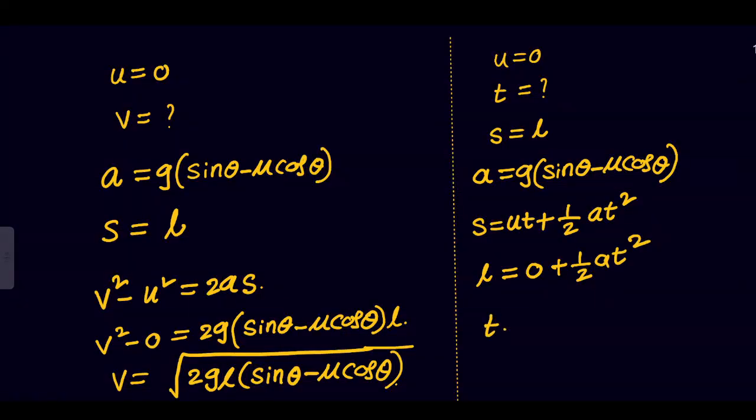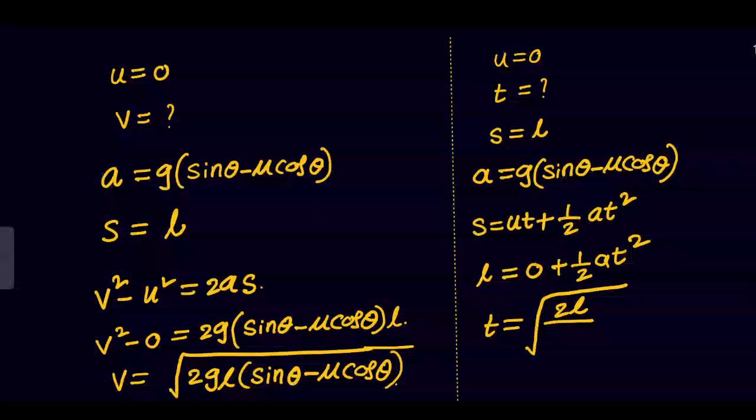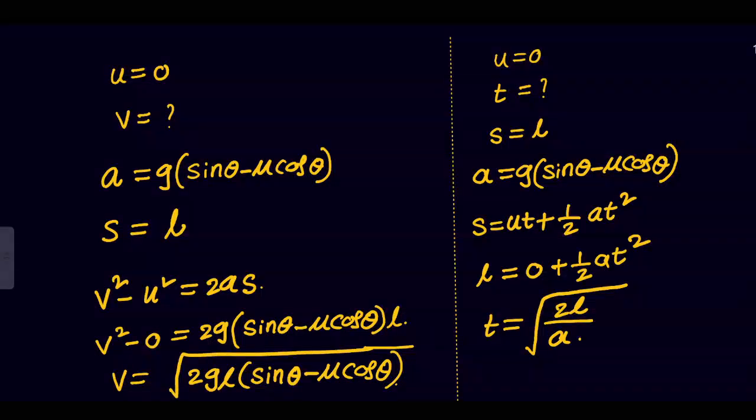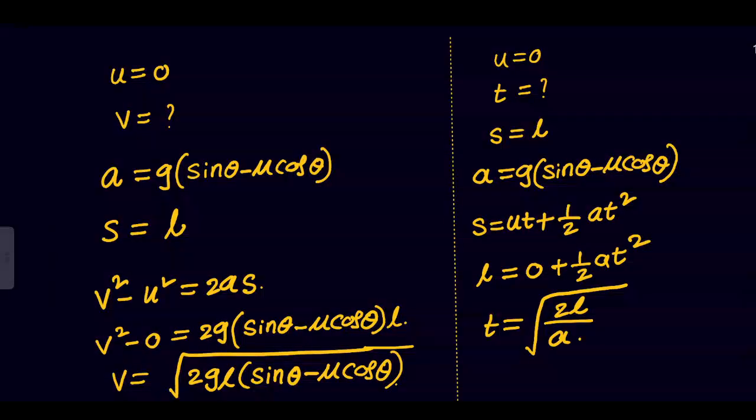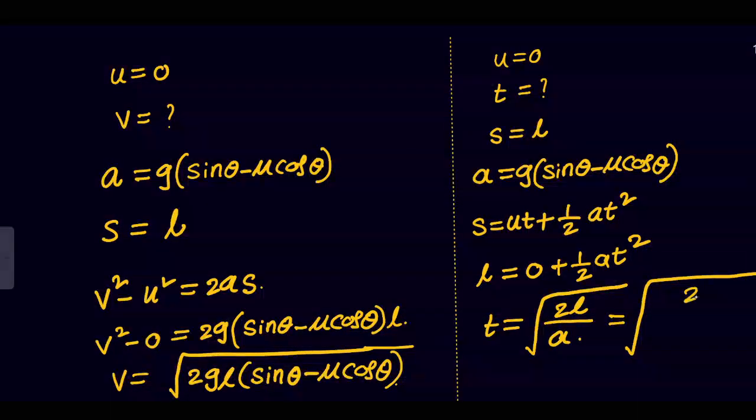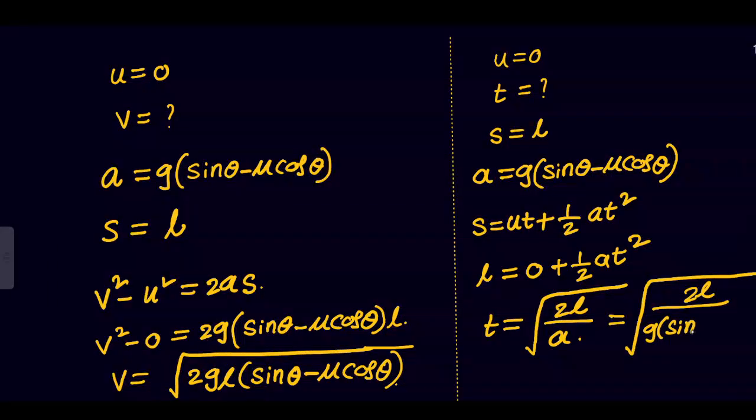So from this, t is equal to square root of 2L by A. That A value we need to put here, which is equal to square root of 2L by g into sine theta minus mu cos theta.